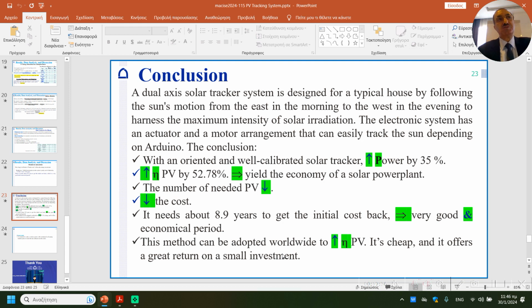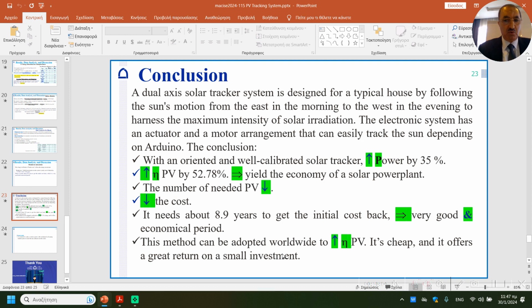I mean, if we are using a solar power plant to generate electricity, it will be a good indicator. The number of needed PV panels will be decreased because the installation area will be reduced more than the normal one. The cost, of course, will be cheaper, and we need about 8.9 years to get the initial cost back, which is a very good and economical period of time.